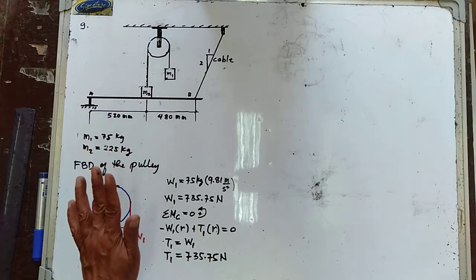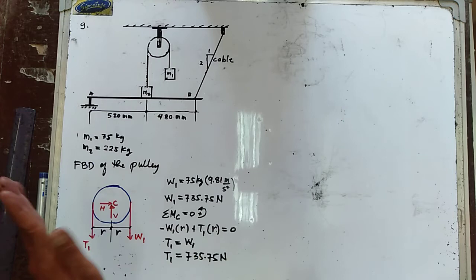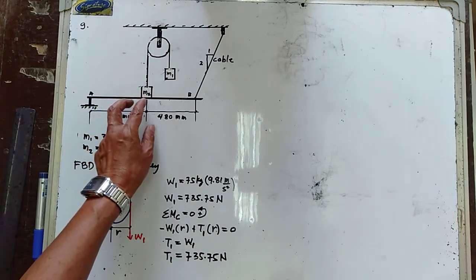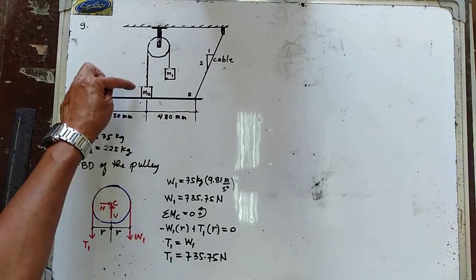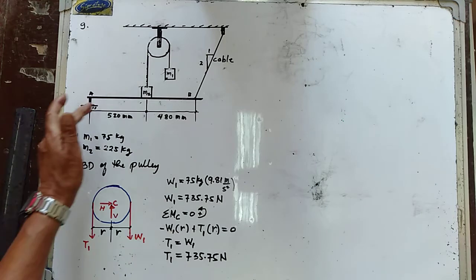Now, let us determine the normal reaction between this weight and the beam AB.